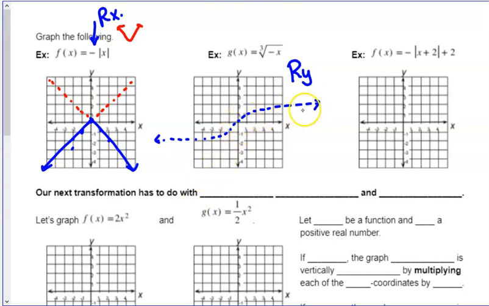But now I'm going to reflect this over the y-axis. So that means this 8, 2 over here now becomes a negative 8, 2, because those x-coordinates are changed to their opposites. This 1, 1 now becomes a negative 1, positive 1, excuse me. 0, 0 doesn't change because 0 doesn't have an opposite.